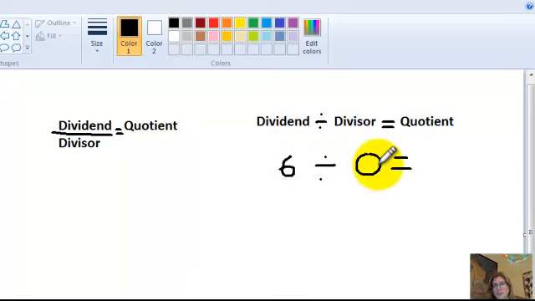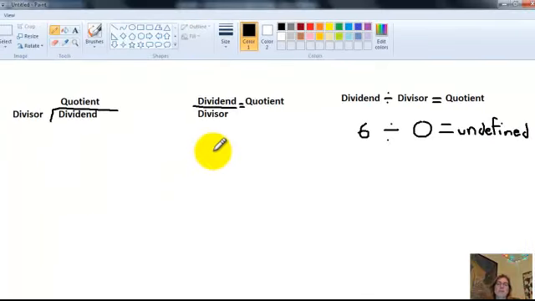Whenever the divisor is 0, the answer is undefined. And you need to remember these things. Undefined. And no matter what situation, when the divisor is 0, so if we had 0 and it looked like this in a fraction form, with the quotient being the answer, the answer is still undefined.